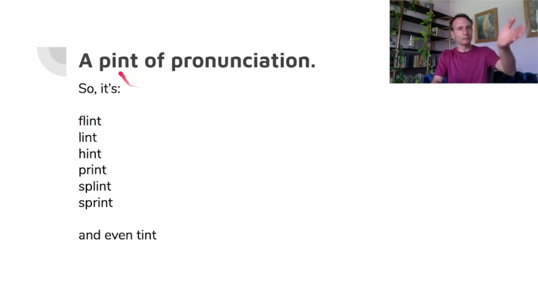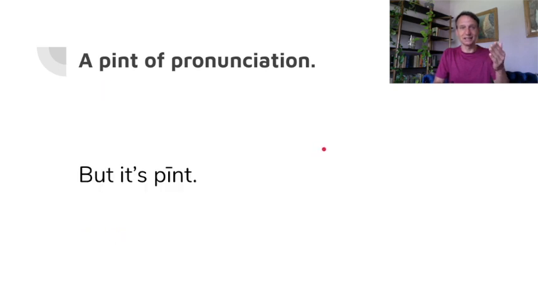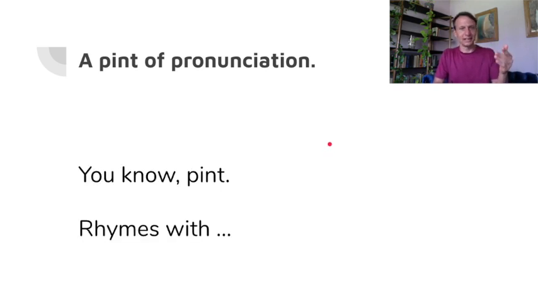Think about it. It makes no sense. Flint, lint, hint, print, splint, sprint, and even the word tint all say "i," right? But it's pint, with a long I. That's what that diacritical mark means. It's a long I. So pint rhymes with nothing.